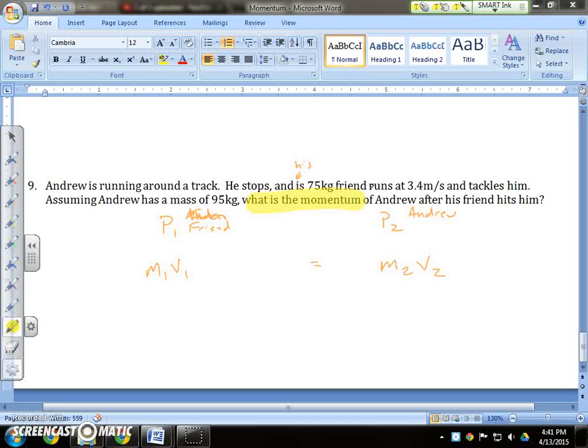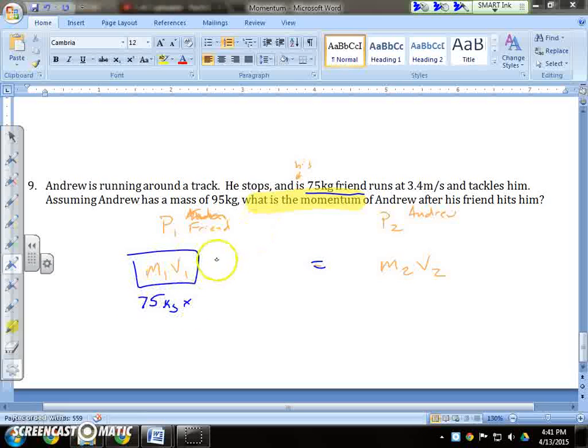If I find either momentum, I have found each of their respective momentums. So M1V1, Andrew's 75 kilogram friend, is running at 3.4 meters per second. I throw those into a calculator, and I get 255 kilograms times meters per second.